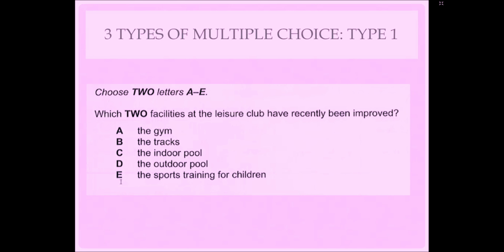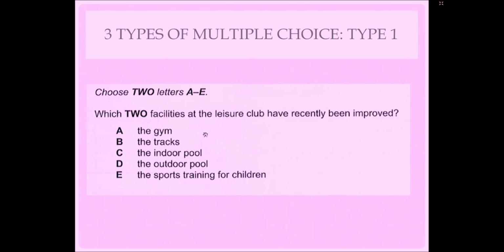All right. So here is one type of our multiple choice question. Like it says, choose two letters, A through E. Which two facilities at the Leisure Club have recently been improved? Right. So which two facilities do you have to pick? You're listening to the conversation or the lecture, and you have to pick which two are being used here.